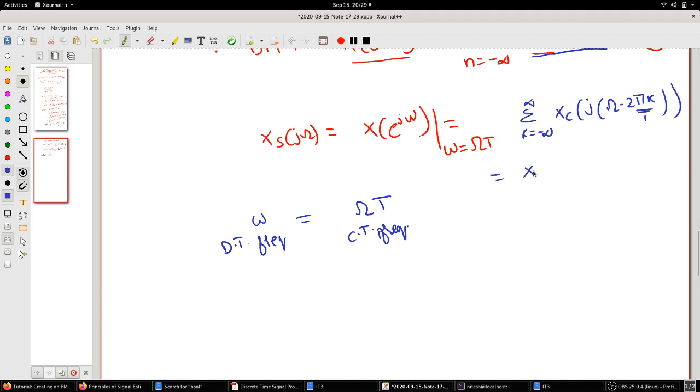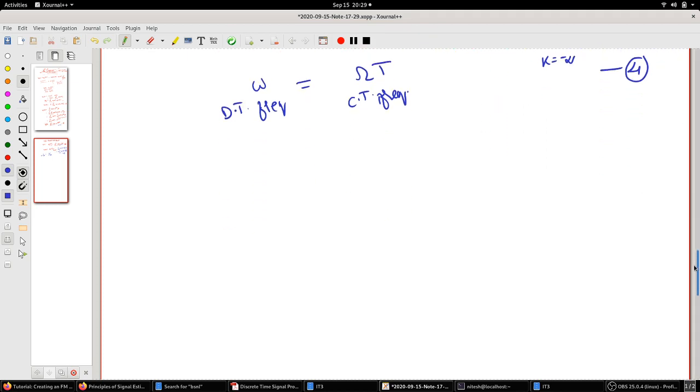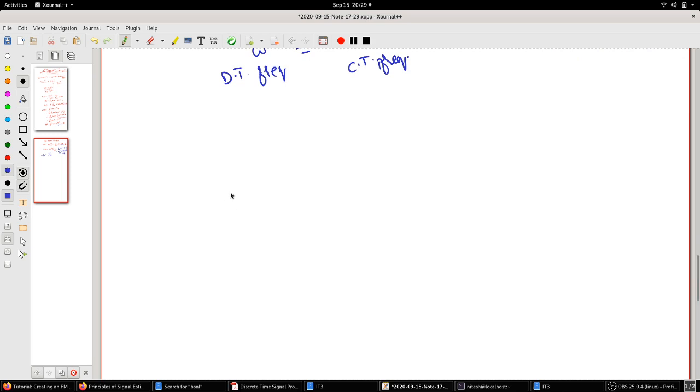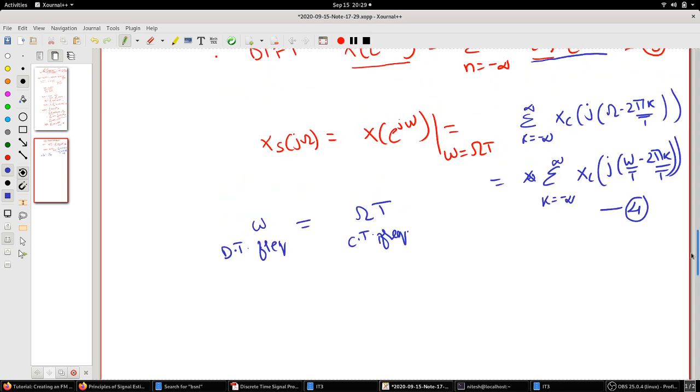This in turn will be equal to summation k equal to minus infinity to infinity Xc of j omega by T minus 2 pi k by T. So this is also the fourth equation. These are in short the relationships that you get. We'll redraw this part again; we have got these equations now.